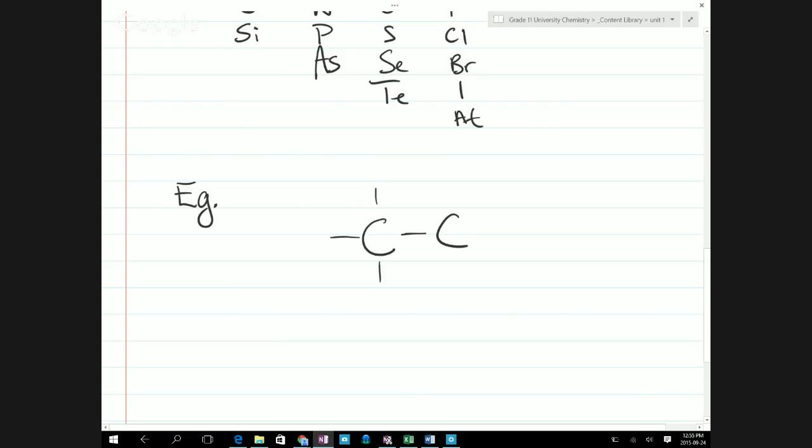Sure. The only thing is that carbon would also have to make 4 bonds. Does that make sense? Is there anything stopping me from putting another carbon next to that? No. Could I keep going if I wanted to?